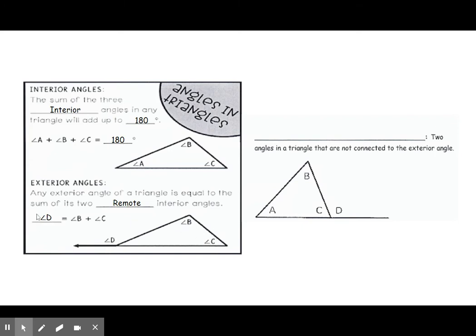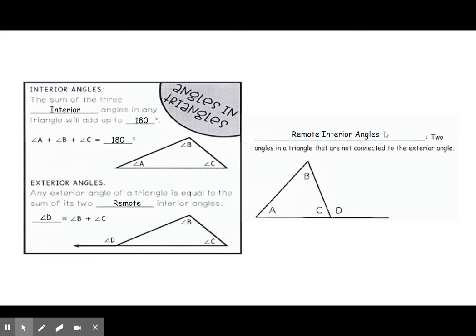Here's our equation that demonstrates that. Angle D, my exterior angle, is equal to the sum of my two remote interior angles, so angle D is equal to angle B plus angle C. Remote interior angles are very important when we're talking about the exterior angle theorem.